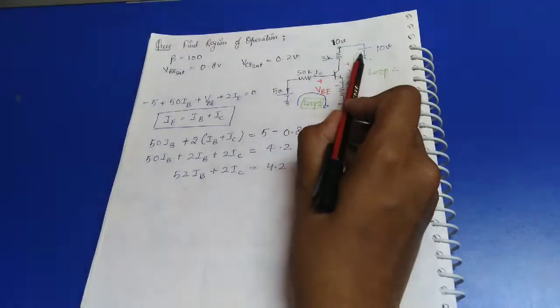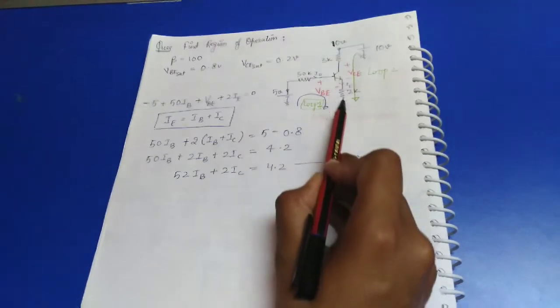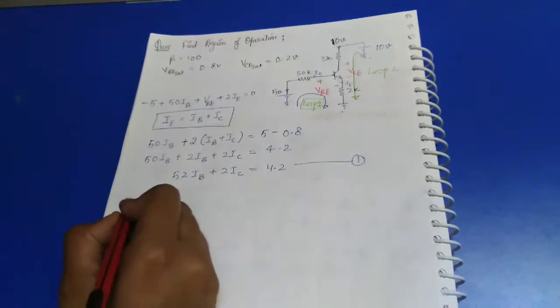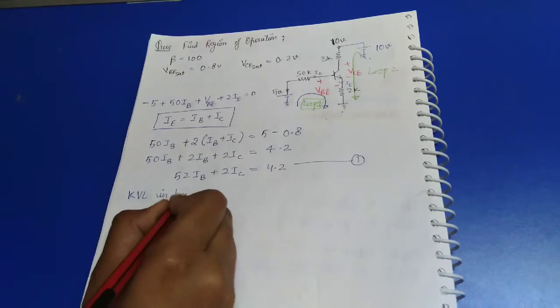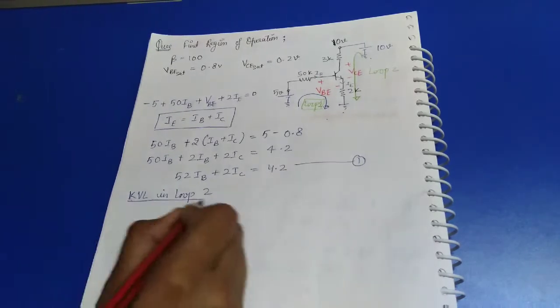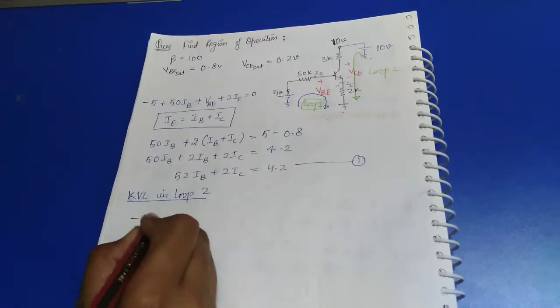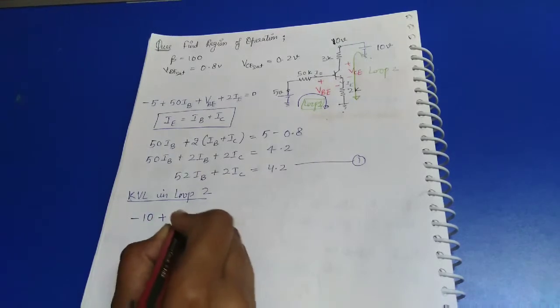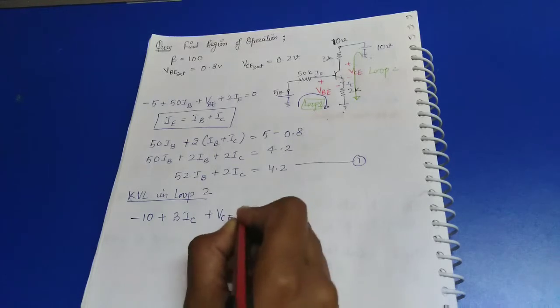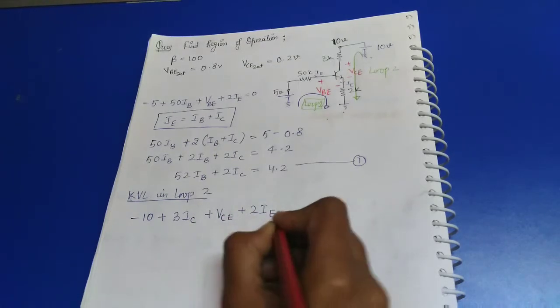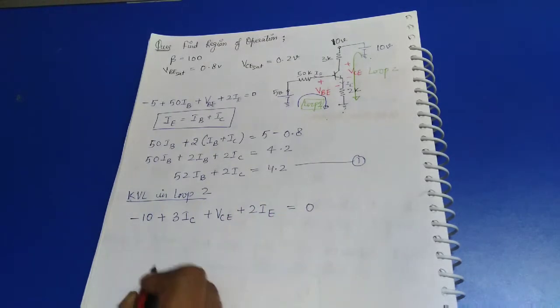See, from here I am starting and going up to here. It is -10 plus 3 IC plus VCE plus 2 IE equals 0.